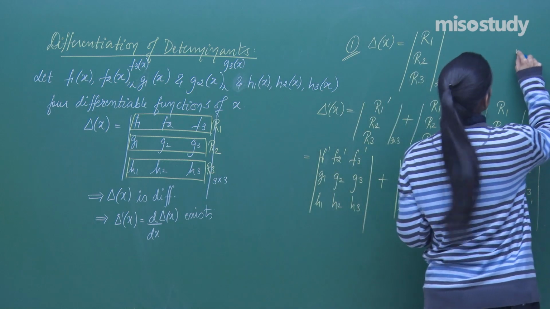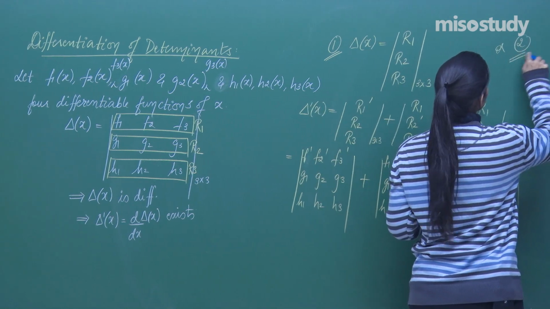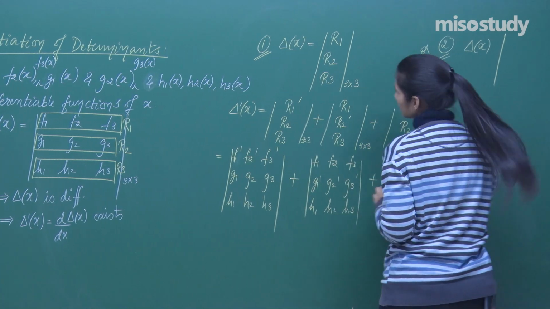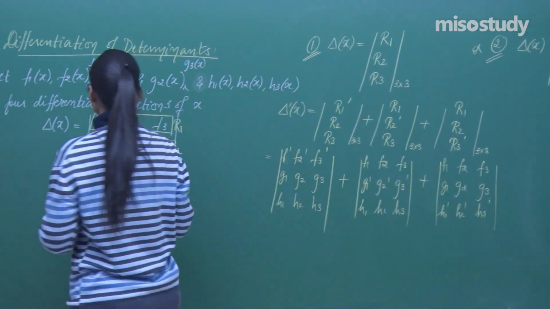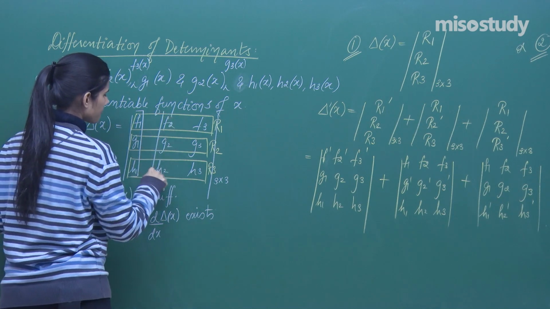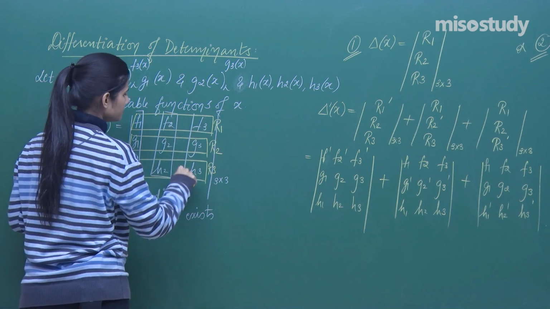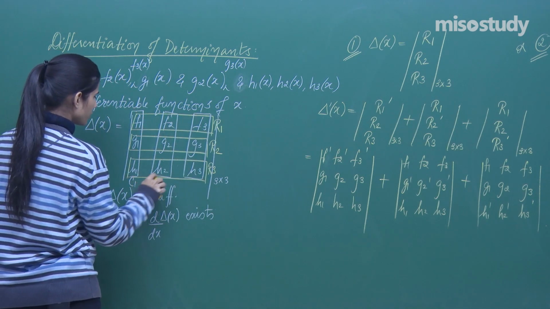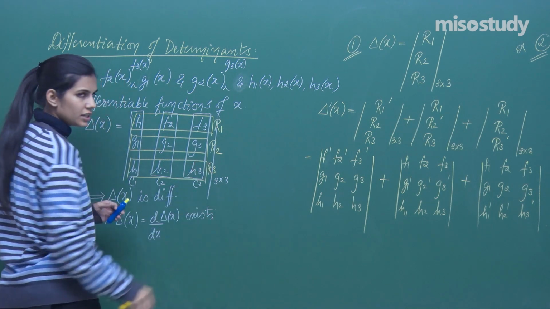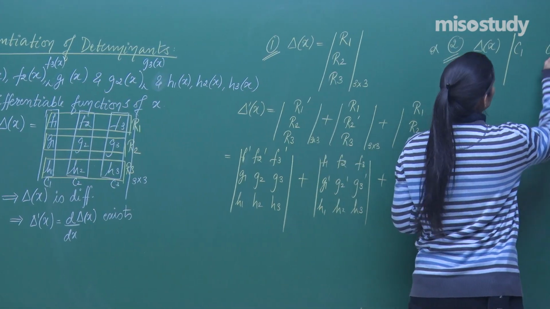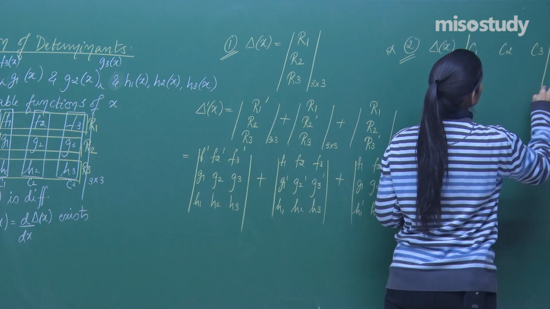Or if you are considering it as made up of columns, then you are going to have this as your first column, this as your second column, and this as your third column. So you will be considering this made up of column 1, column 2, and column 3.